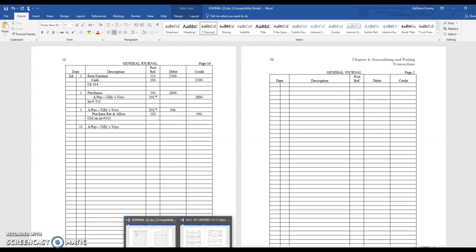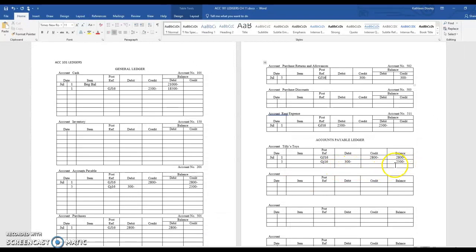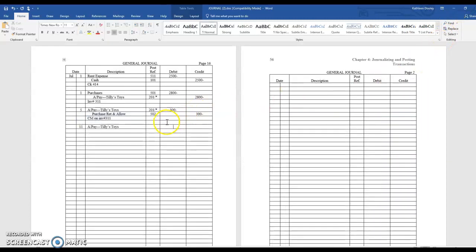If I showed that we only paid $2,450 here as a debit, then it would look like I would have a balance of $50 left. In Tilly's Toys, it would look like I owe Tilly's Toys $50. So I have to actually debit Tilly's Toys for the entire $2,500. Otherwise, it'll look like I owe them something and I don't owe them anything. So I'm going to debit them the whole $2,500.